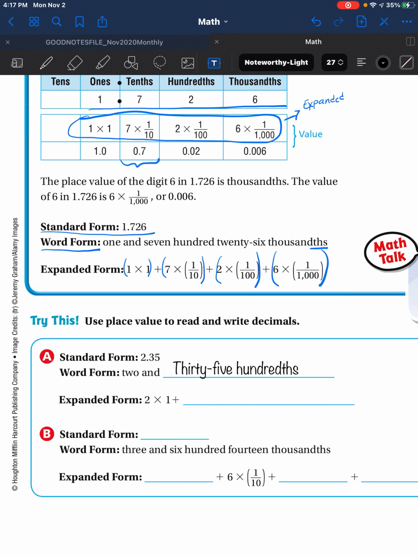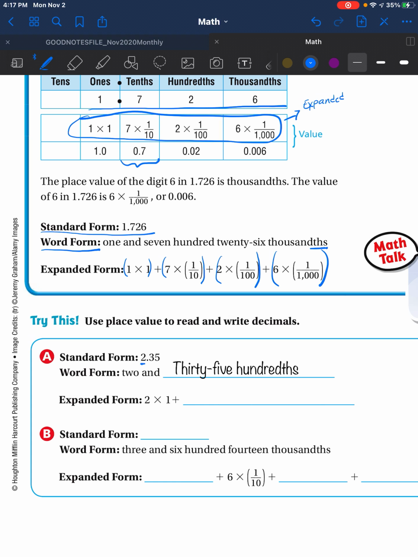So 2 and 35 hundredths. Okay. And expanded form. So let's see, they have 2 times 1, so that would handle this digit. And now I move into the tenths place value.